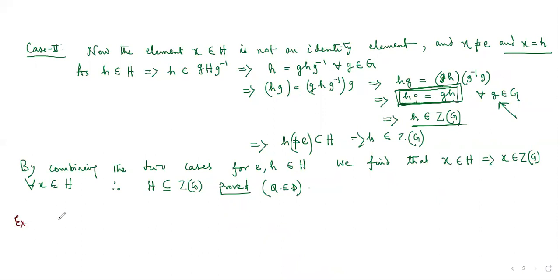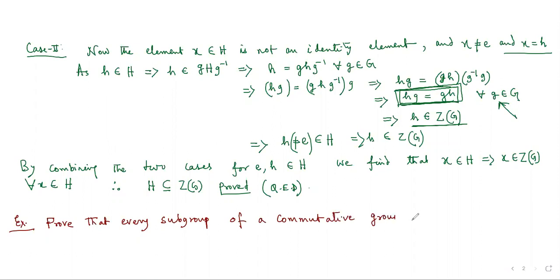It is saying that: prove that every subgroup of a commutative group is a normal subgroup. Every subgroup of a commutative group is a normal subgroup.